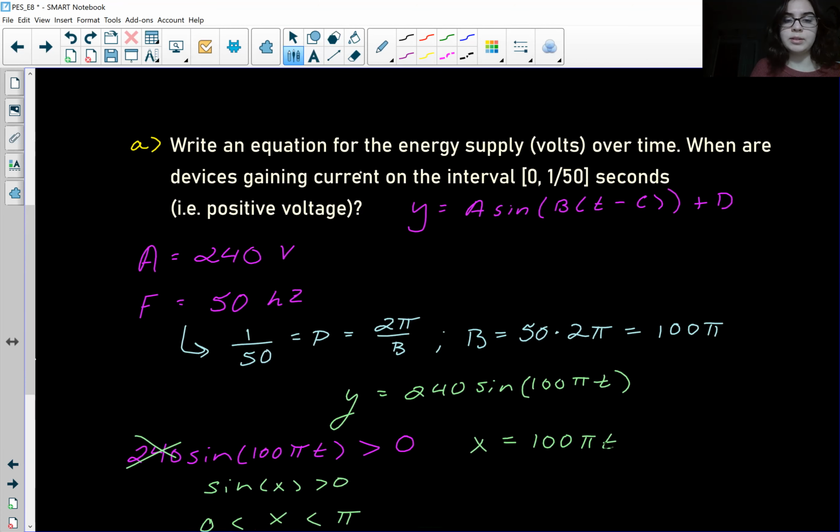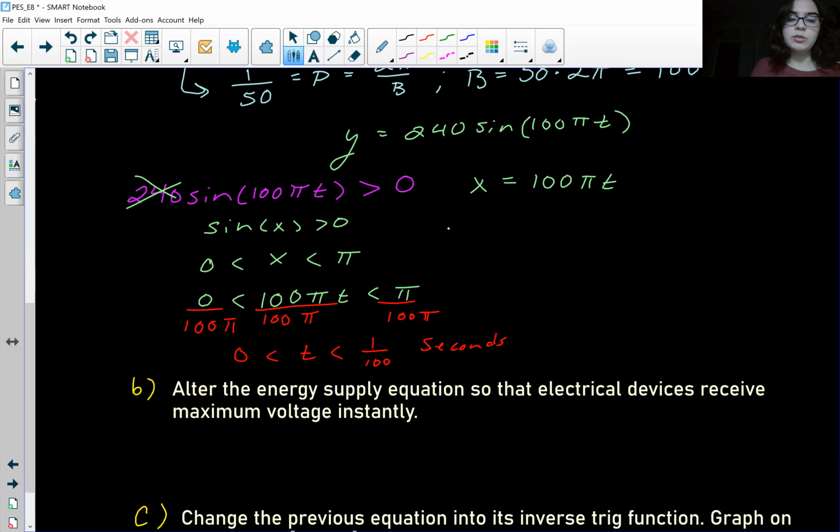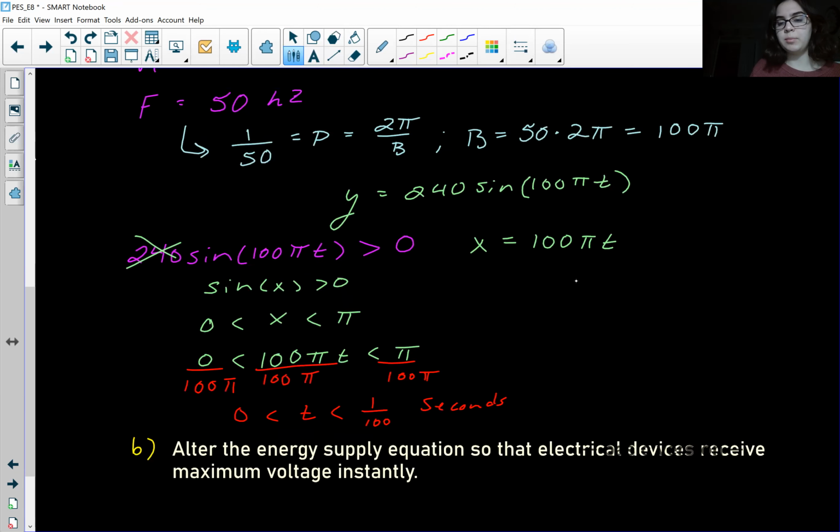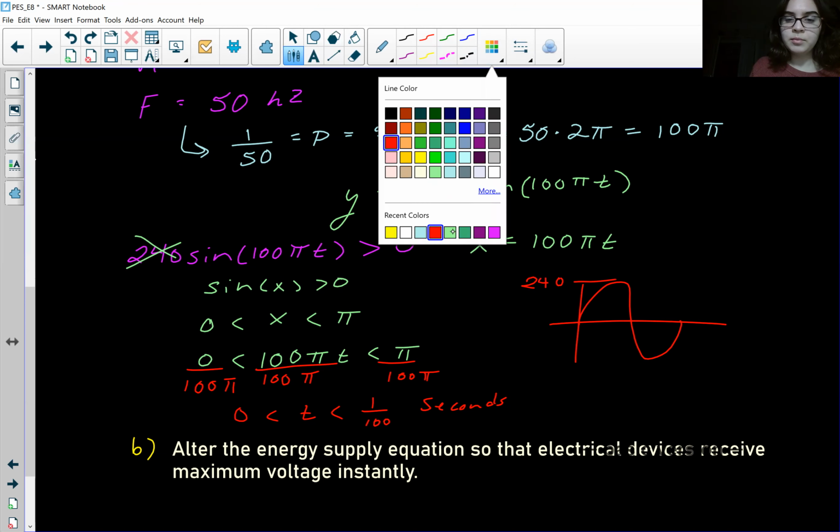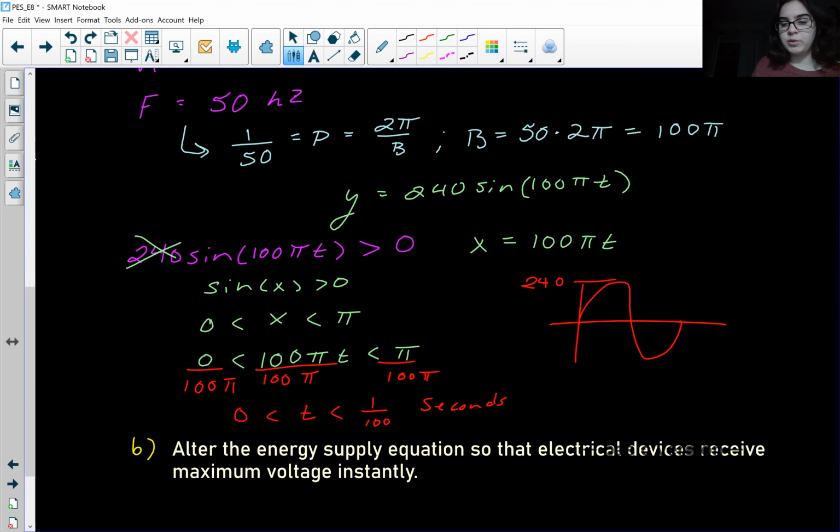Okay, so when are devices gaining current? As you can probably figure, if you think about the graph of this, it'll look something like that, right? And then here's our amplitude of 240. So when t is between 0 and 1 over 100, that is the first positive segment of the graph.